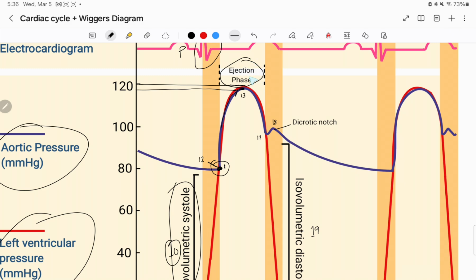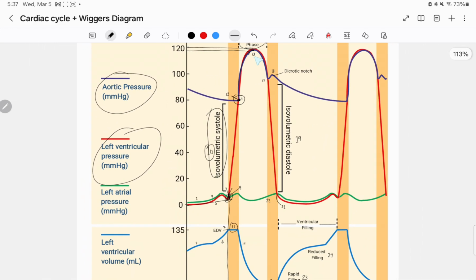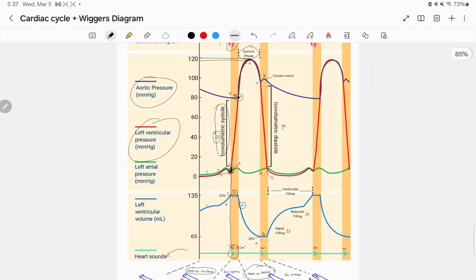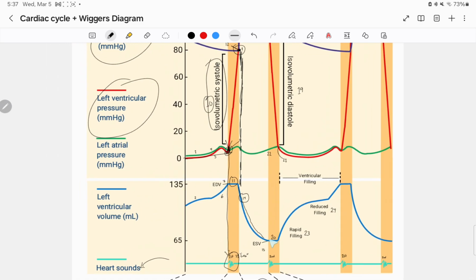All right. Now, since this is the ejection phase, we should probably take a look at the left ventricle volume, just to make sure we're actually ejecting the blood. And lo and behold, from number 13, where we were ejecting the blood, to number 14, you will see that as soon as we start this ejection phase, if I drag all the way down, this blood is going to go down from the left ventricle in a curvilinear fashion.